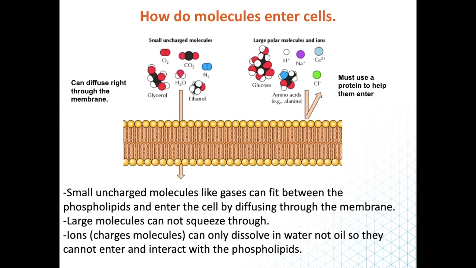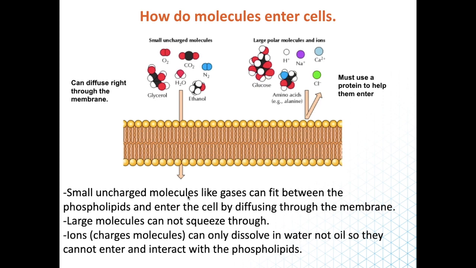While if we look at other molecules like oxygen, carbon dioxide, nitrogen, and water, they have no charges. They have no problems. They can pass straight through this membrane because they're able to mix with water and with oil. If you have no charges and you're relatively small, you'll be able to squeeze through here, mix with the oil, and then come out the other side and continue to mix with the water.